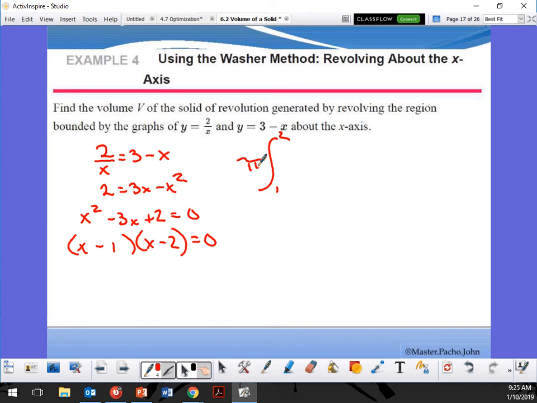They both at the ends are the same spot, so I just got to figure out which one's the outer. So let's plug in 1.5, or 3 halves. So that's going to be 2 over 3 halves, which is 2 over 1 times 2 over 3, which is 4/3.